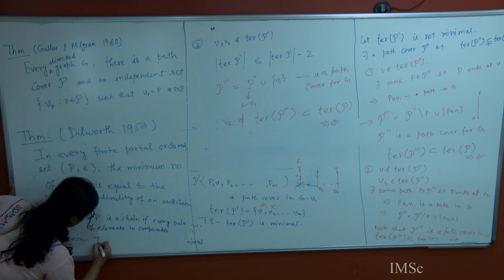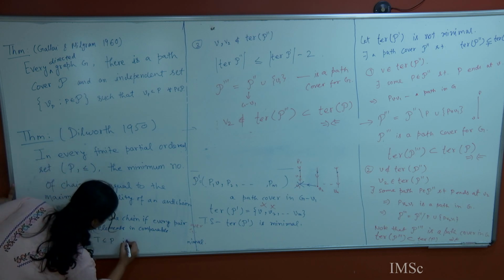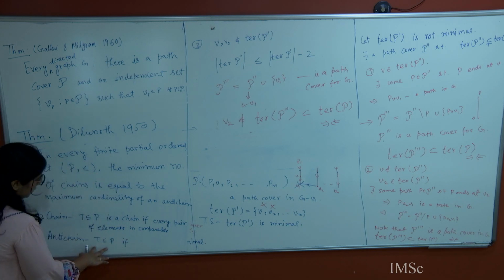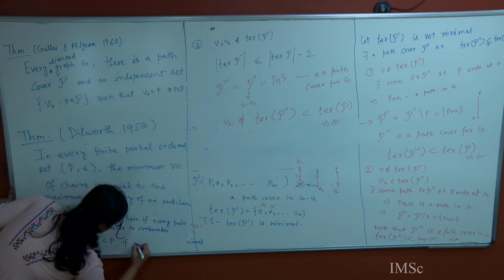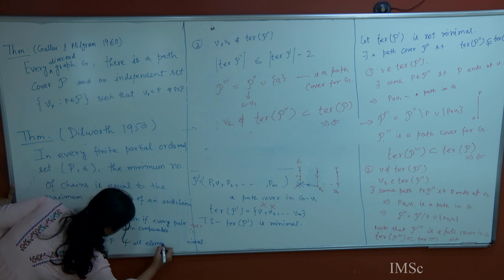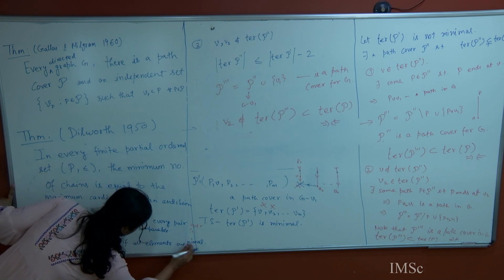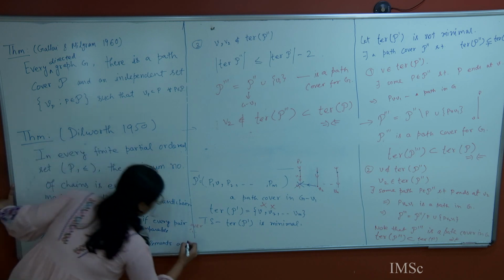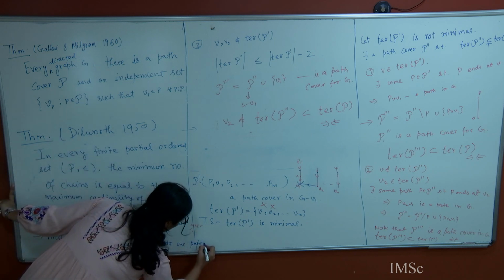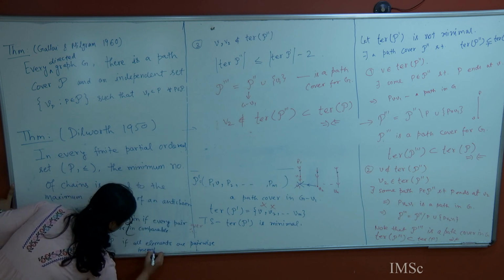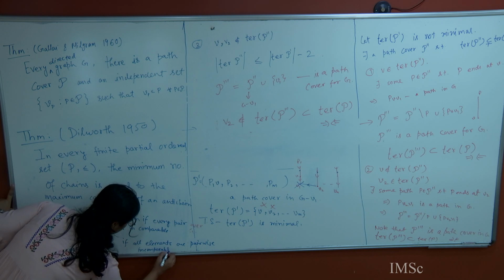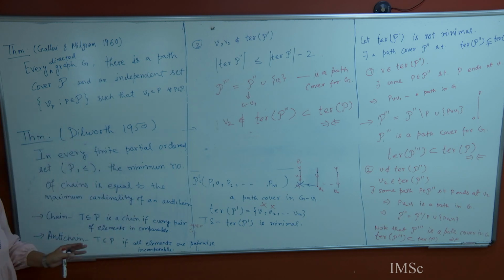And T subset of P is an anti-chain if all elements are pairwise incomparable. That means we cannot compare any two elements in this set. This is an anti-chain.